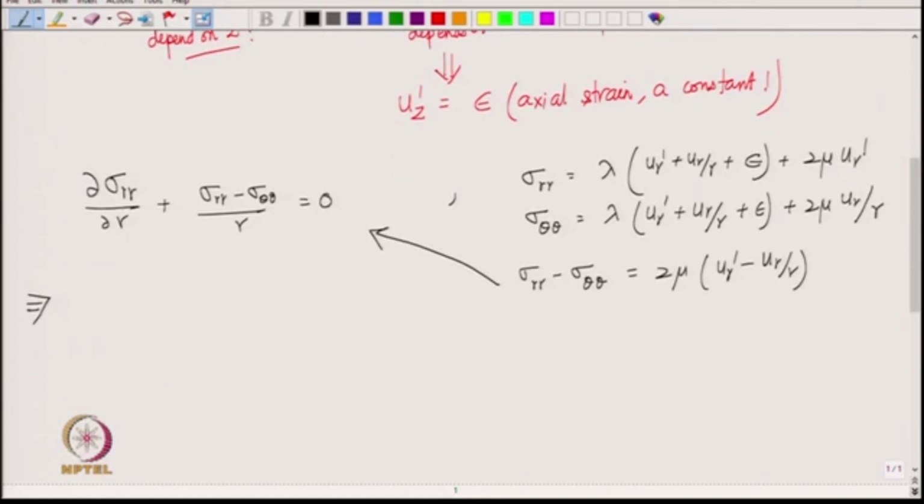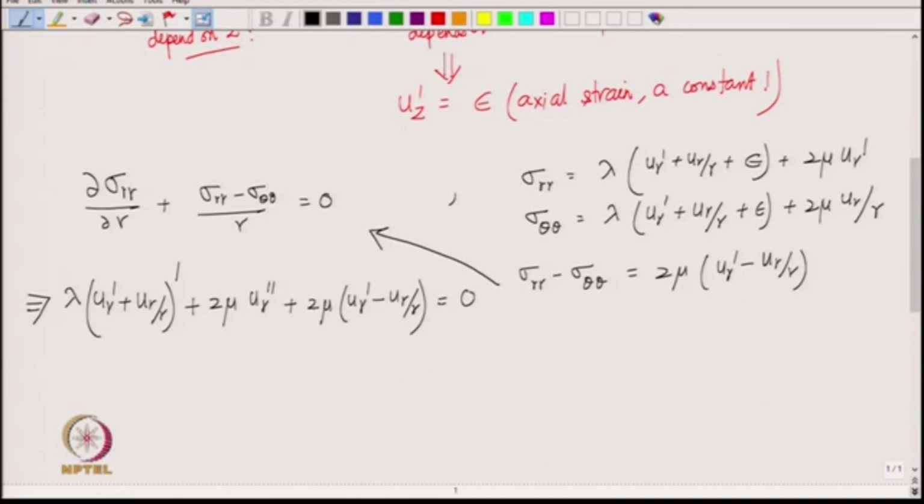So, from the expression it is going to become lambda times u r prime plus u r by r whole prime plus lambda into epsilon prime, but because epsilon is a constant, epsilon prime becomes 0. So, we have then plus 2 mu u r double prime plus sigma r r minus sigma theta theta by r, which is 2 mu into u r prime minus u r over r, and this is equal to 0.